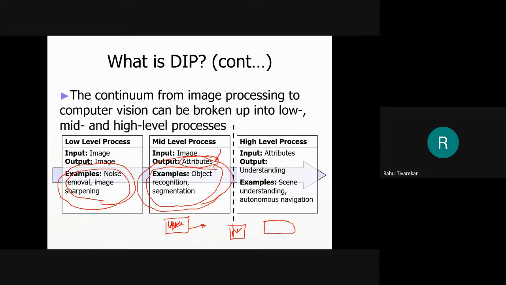This is mid-level processing, and in high-level processing, it needs a kind of machine learning to identify the scene and take the automated action.